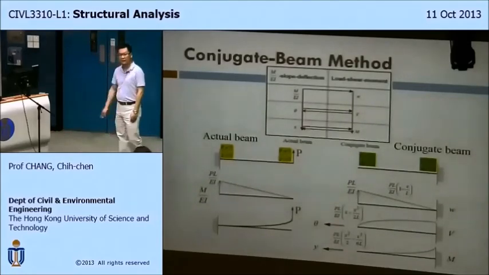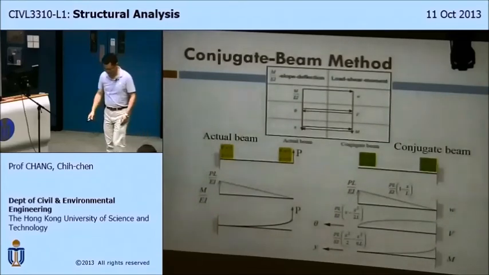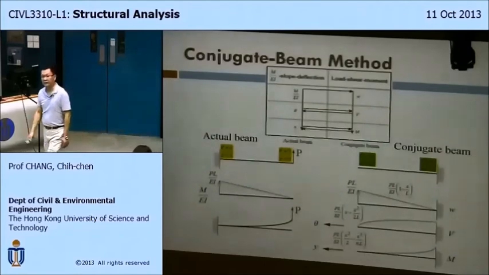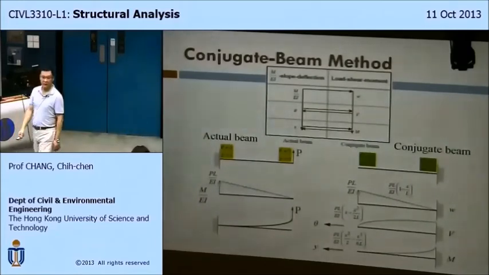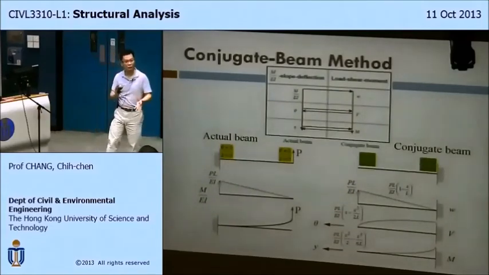So instead of doing the deformation calculation in this domain, you push them into the conjugate beams domain, apply the loading, and then follow through by equilibrium calculations. After that, you just push them back to the real beams domain, and you can get the deformations anywhere you want. So this kind of procedure is kind of robust, right?